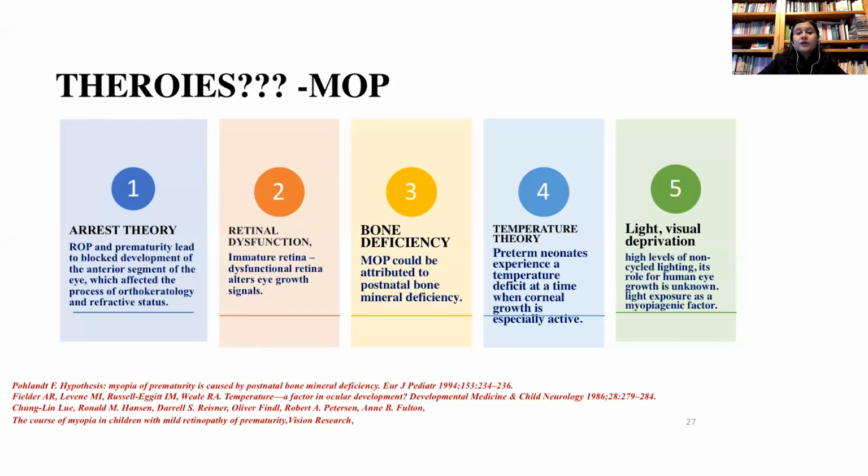The bone deficiency theory says that MOP could be attributed to postnatal bone mineral deficiency. The temperature theory states that preterm neonates usually experience hypothermia, and a temperature deficit at a time when corneal growth is especially active. And there is a light visual deprivation theory, which states that light exposure in early phases could act as a myopiogenic factor.